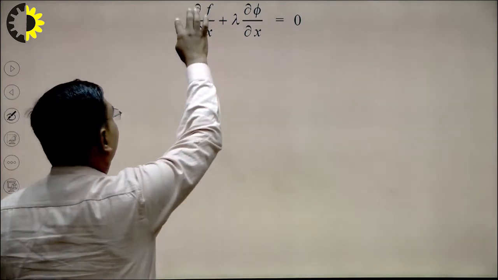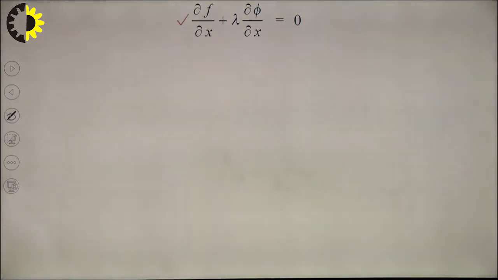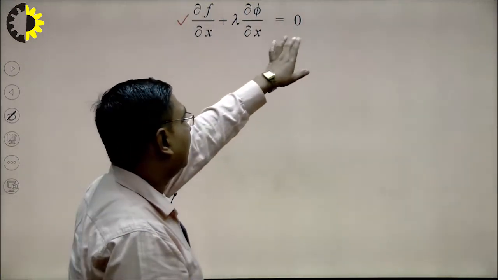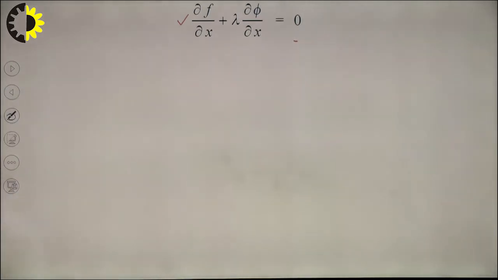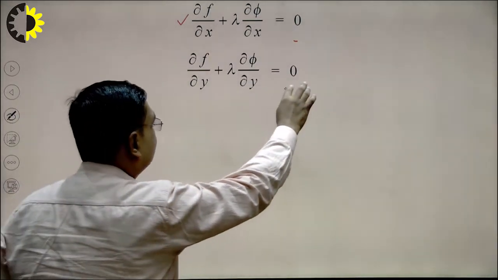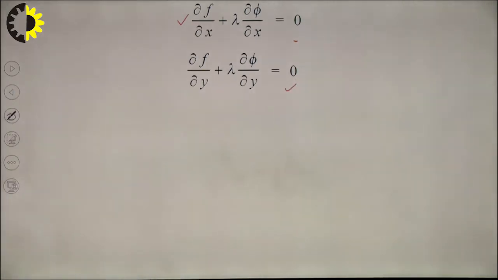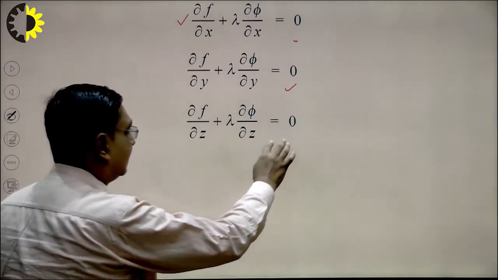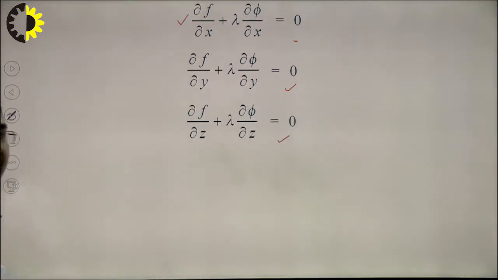The equations are: del f over del x plus lambda del phi over del x equal to 0, del f over del y plus lambda del phi over del y equal to 0, del f over del z plus lambda del phi over del z equal to 0.